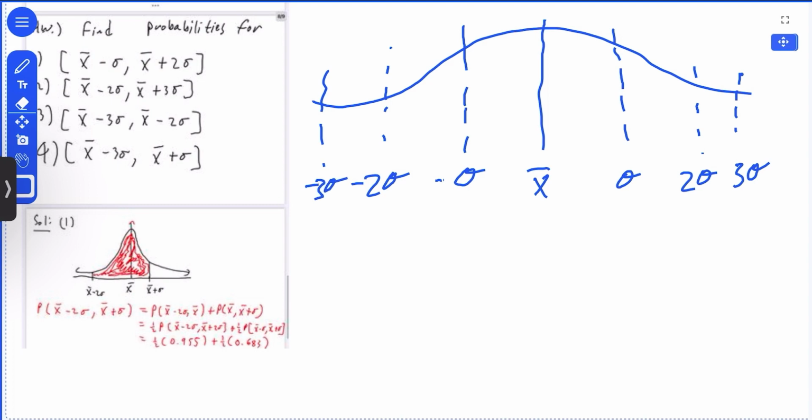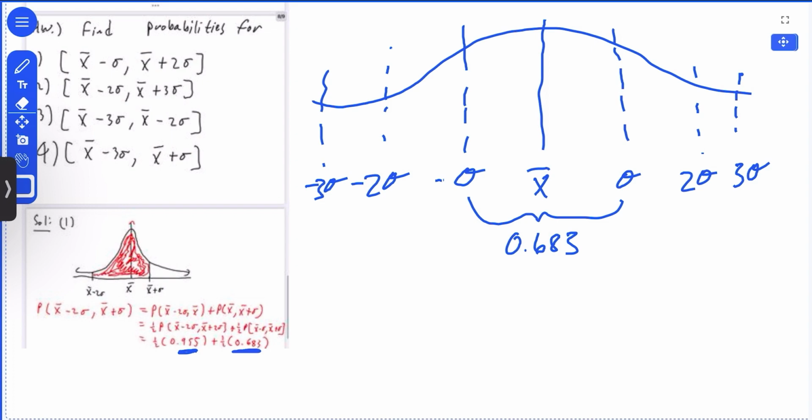Now, we also have a rule, and it looks like y'all get a little bit more specific with it right here. So this rule says that within one standard deviation, which means one standard deviation to the left and to the right, there's going to be 0.683 of the population.